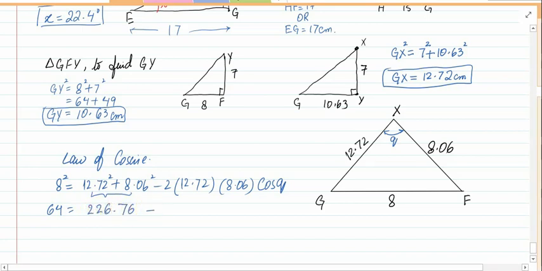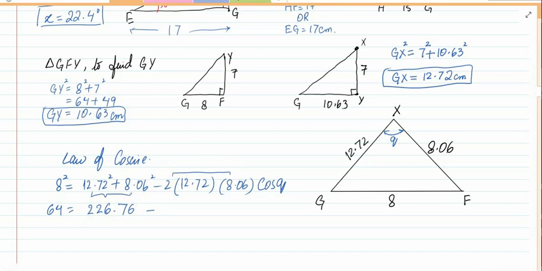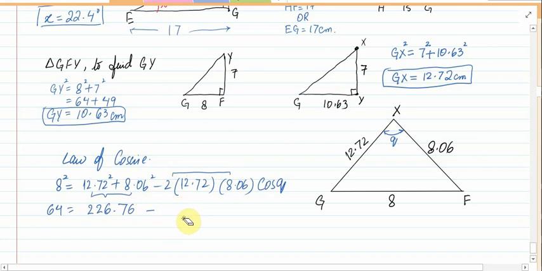And then I am going to solve these three terms. So 2 times 12.72 times 8.06 is 205.05, and cos Q in its place. Now don't think to subtract these two values, we cannot subtract them, right?